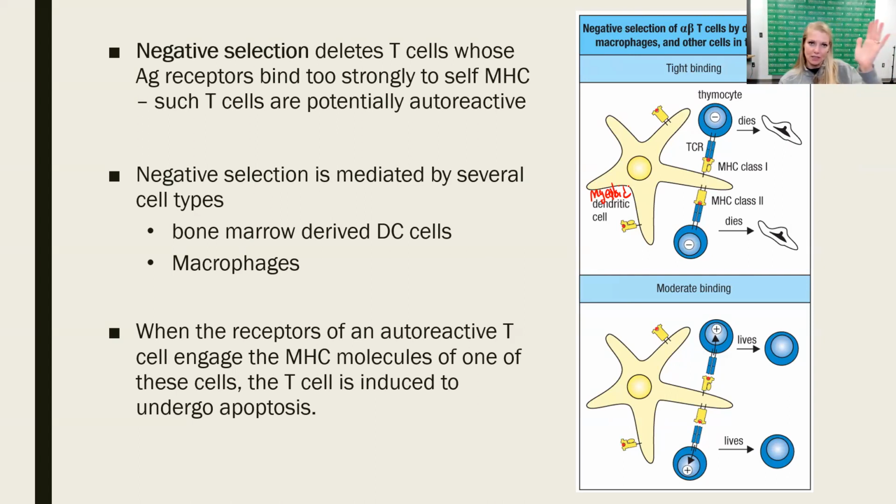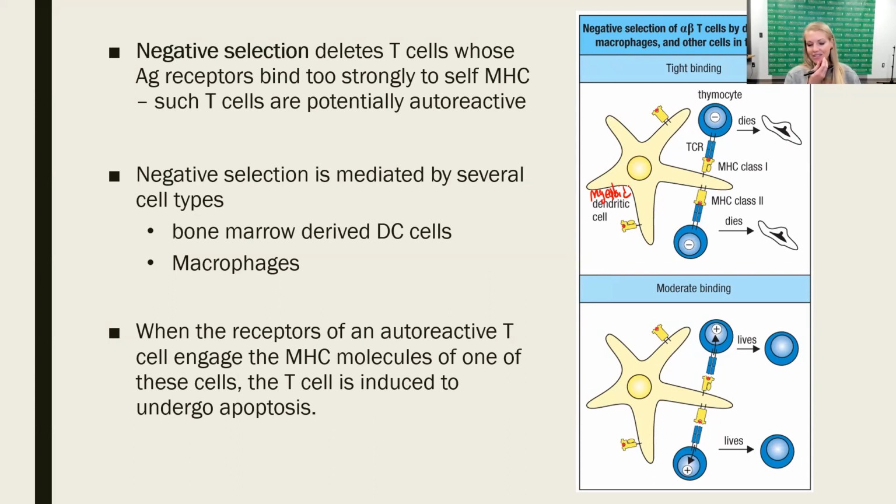Those dendritic cells can then migrate into the thymus, and they will have both MHC1 and MHC2 on their surface, and they are going to interact with T cells and remove any T cells that are interacting too strongly, because we don't want to have an autoreactive T cell. So the T cell can then be programmed for cell death.